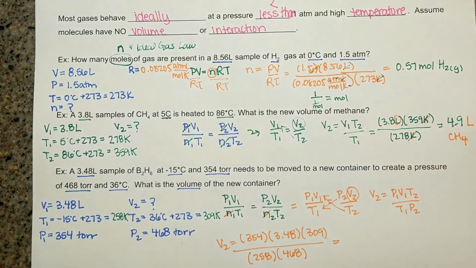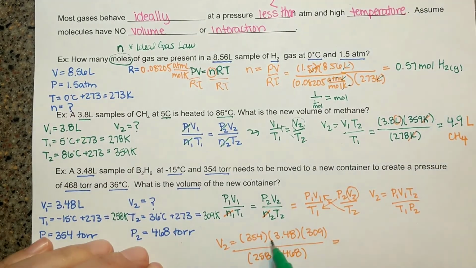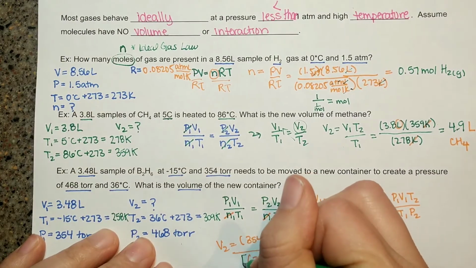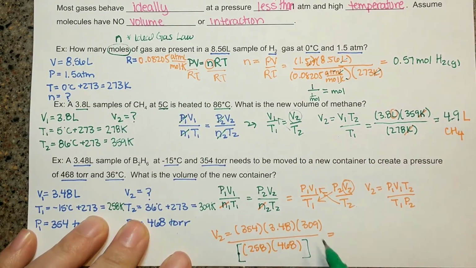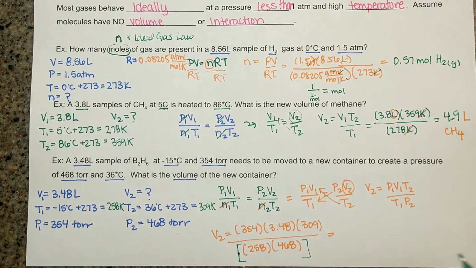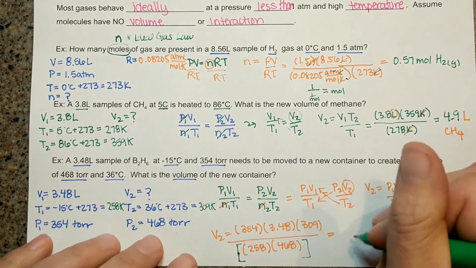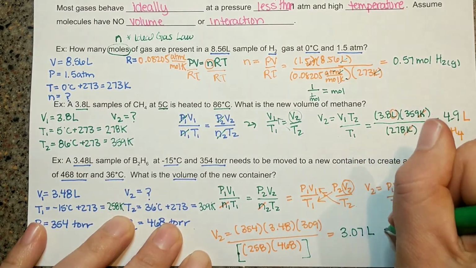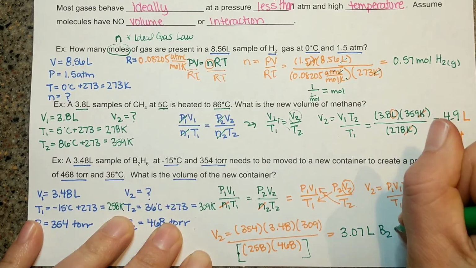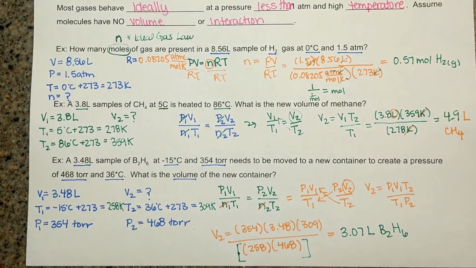Now it's important when you plug this in your calculator that you multiply these together and you divide by the product of these two multiplied by each other. If you just hit divide by this times that, you're going to get the wrong answer because that's the wrong order of operations. When I plug those in, I get 3.07 liters of diboron hexahydride.